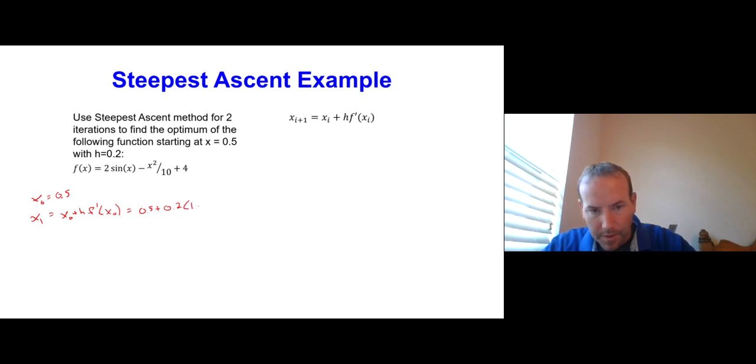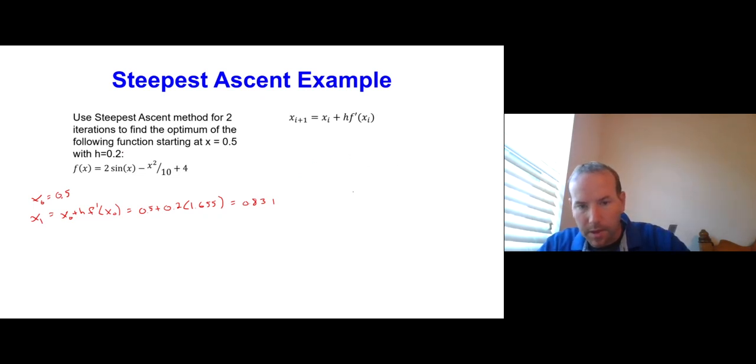And then if we evaluate the function, there we get 0.831. So remember that 0.831 is not the y value, it's the x value, it's the x location of where we think that the maximum is occurring.